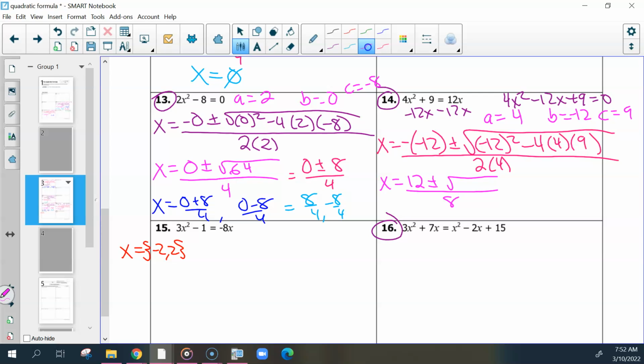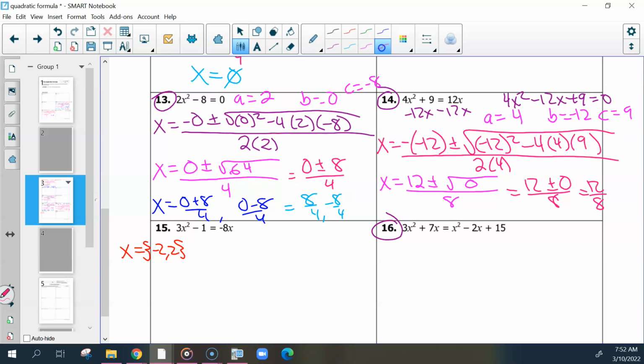It is 0. They end up canceling each other out because if this is 144, this becomes 144. But the square root of 0 is what? 0. So when we start to simplify this, we're going to have 12 plus or minus 0 over 8. The plus or minus 0 doesn't really matter because 12 is not going to change. Here it did because this became a positive and a negative, but here it doesn't. So we can decide this is 12 over 8. You're not going to have 2 answers here, you'll only have 1.